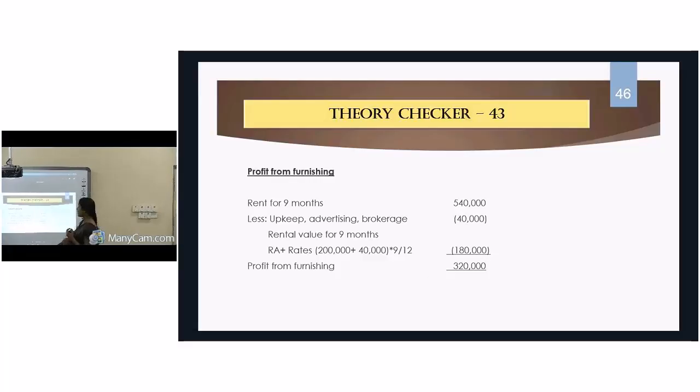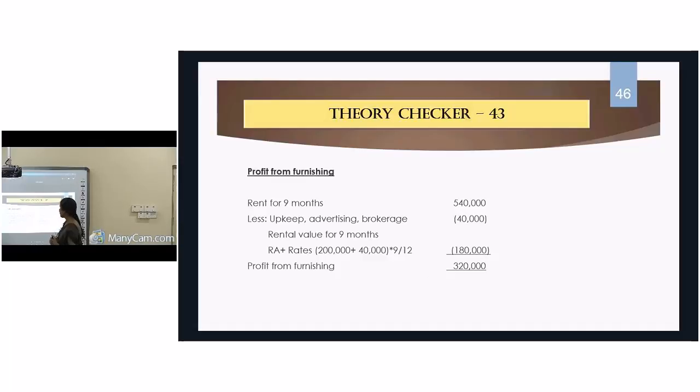First we look at profit from furnishing, because for both profit from furnishing and the unfurnished house you have to get the income. We received the rent only for 9 months, so 540,000 would be the rent received for 9 months, and then from that the similar calculation that we did under the bungalows' furnishing benefit.